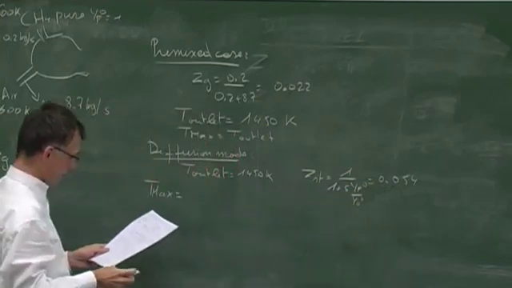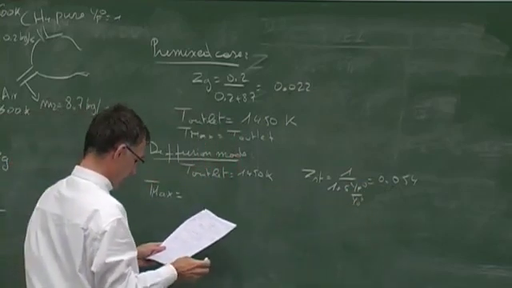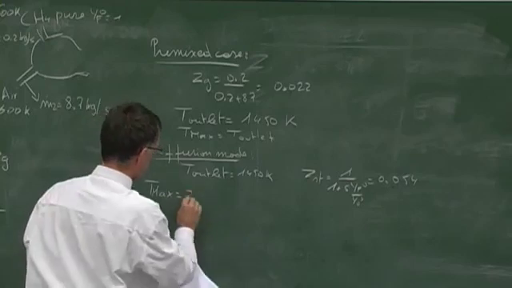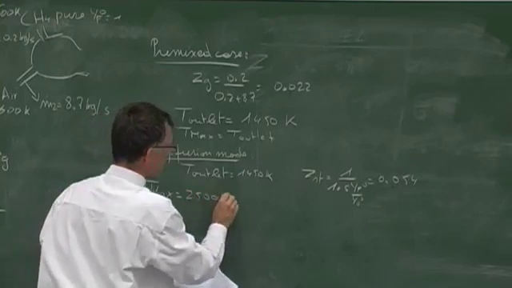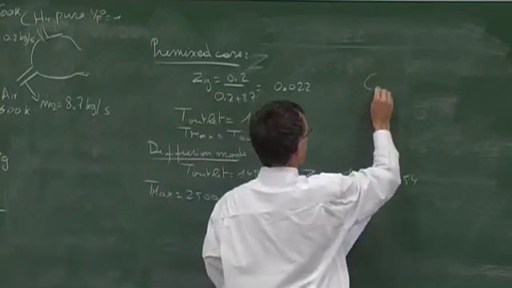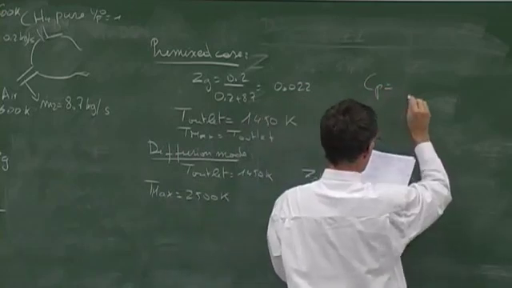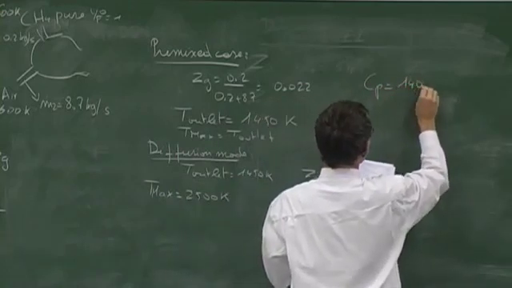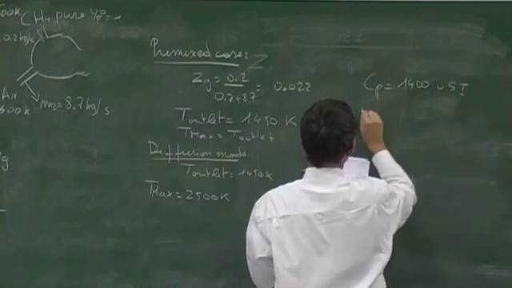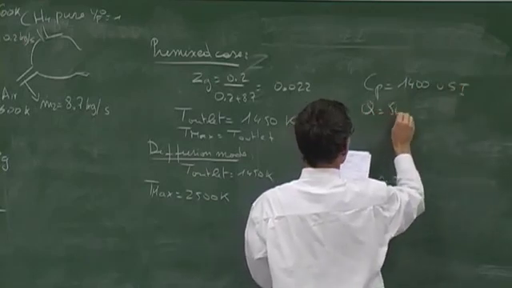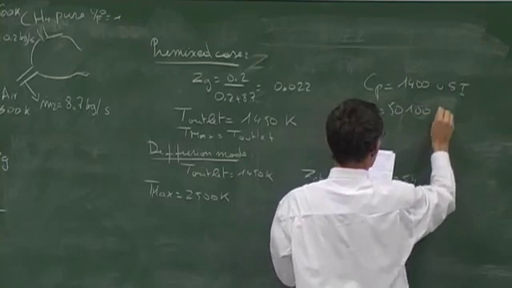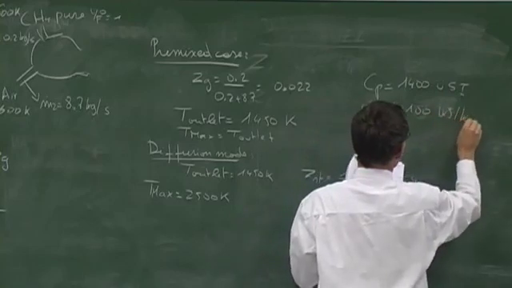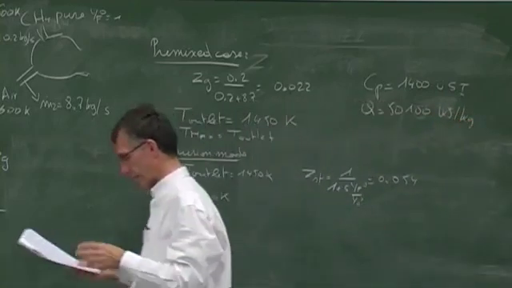And if you do that, Tmax, you find, for this case, 2500 K. If you want to check that at home, I have used here the values of CP, which is 1500, and Q, the heat of reaction corresponding to methane.